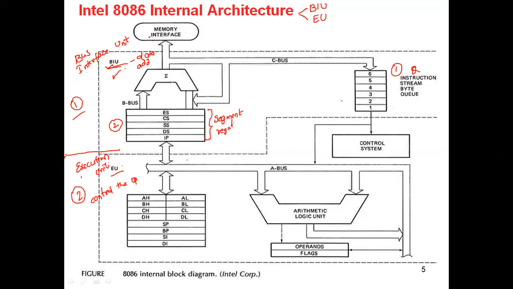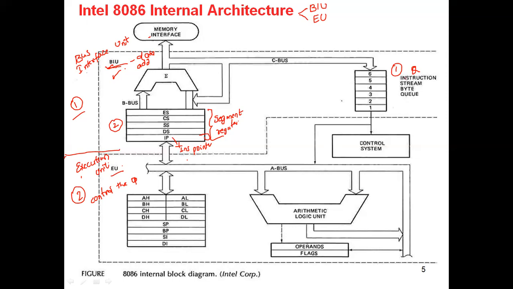All these we call segment registers. And the next one is the instruction pointer, IP. So these are the things available in the bus interface unit. We will see them one by one.